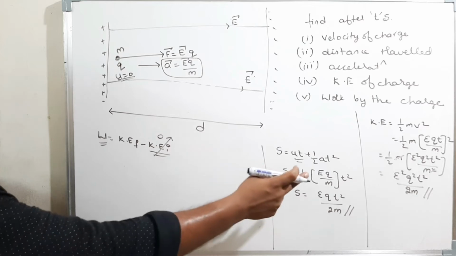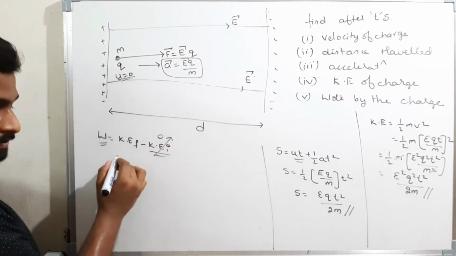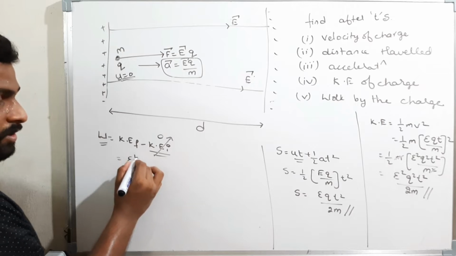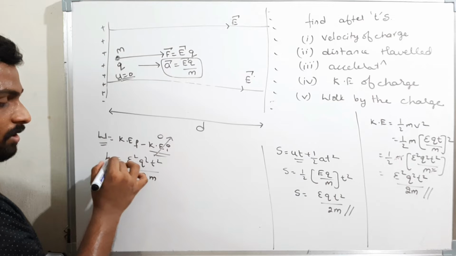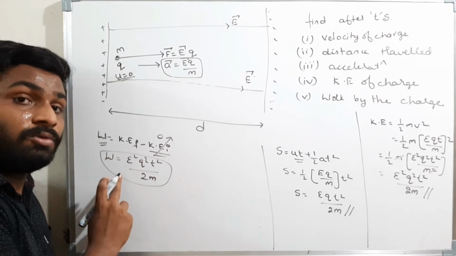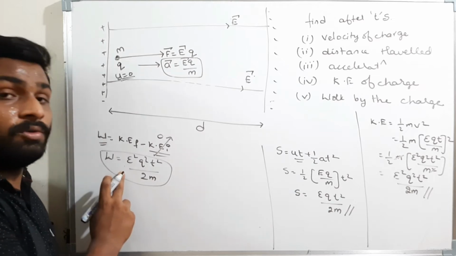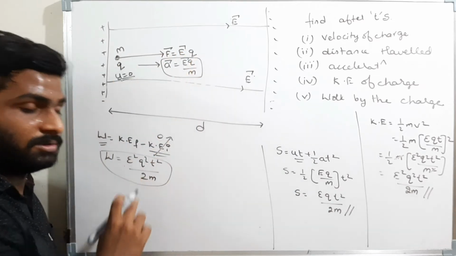What is the kinetic energy final? That means at time t, that is e square E square t square by 2m. That is the work done. The work done by the force on the charge when it is placed in uniform electric field in time t is this much.